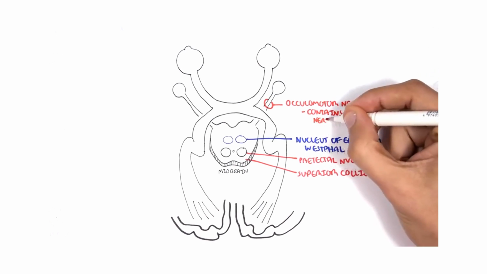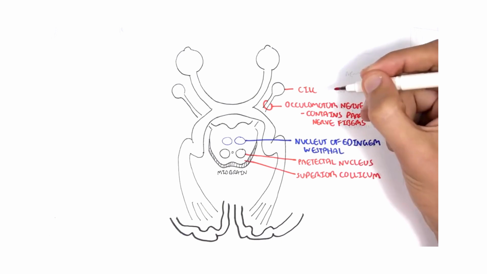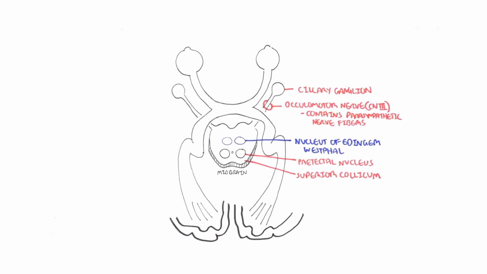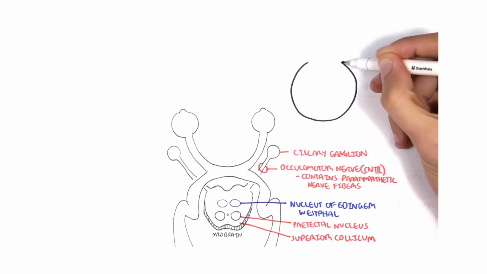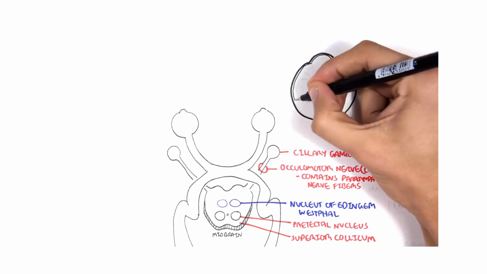Some of them travel along with the oculomotor nerve towards the ciliary ganglion, where it will synapse with another neuron. And this other neuron is then going to send the signal to the pupil.